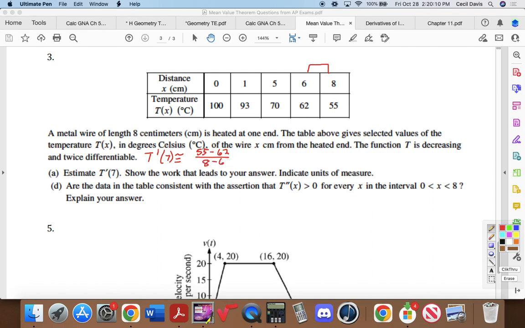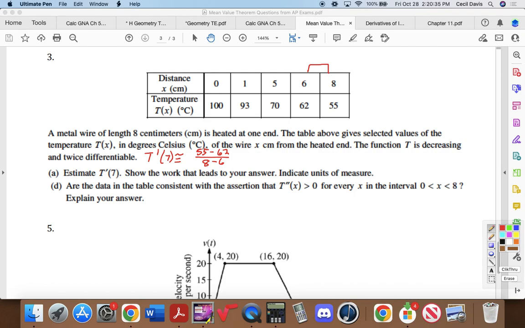And by the way, if this were an actual AP exam, I would stop writing on that part of the problem right there. Because the only thing that can happen from here is that you can make a mistake and lose the point that you just gained. You don't gain any points by simplifying numeric answers.